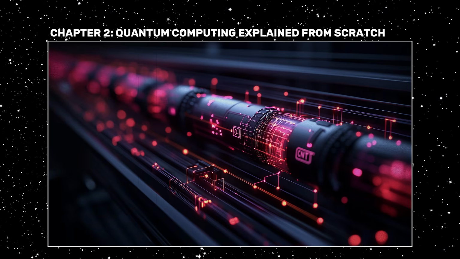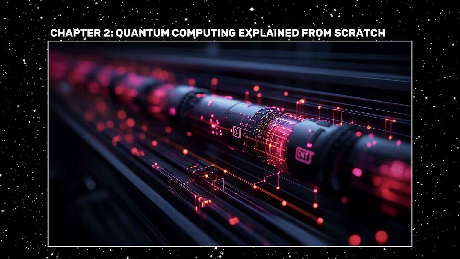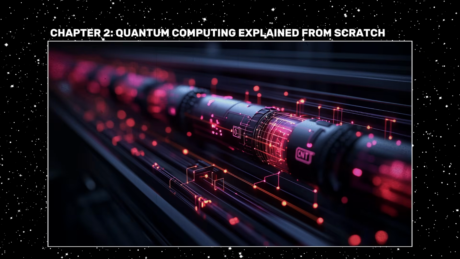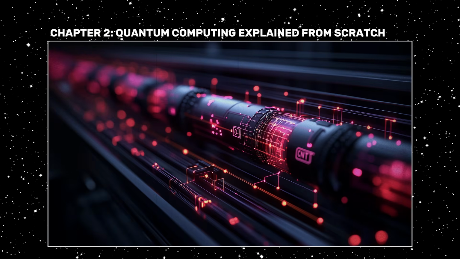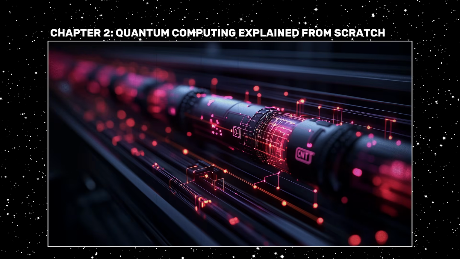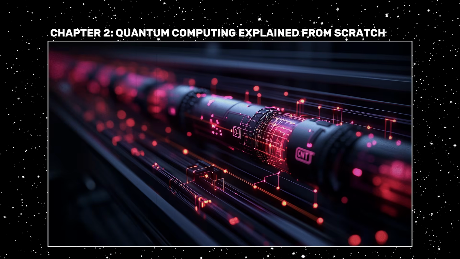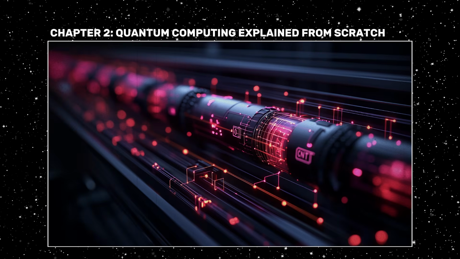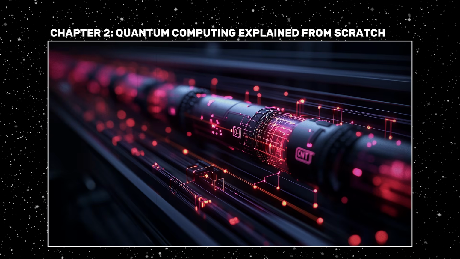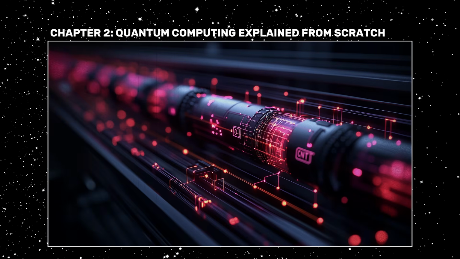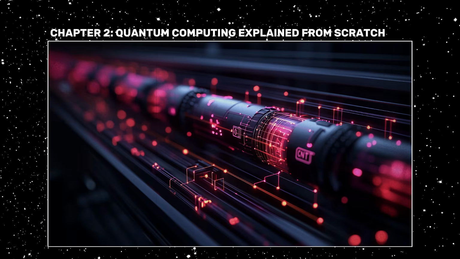Building quantum computers necessitates precise physical implementations of qubits and quantum gates. Several leading platforms have emerged, each with unique strengths. Superconducting circuits use loops of superconducting material formed into tiny islands that can be manipulated by microwave pulses.